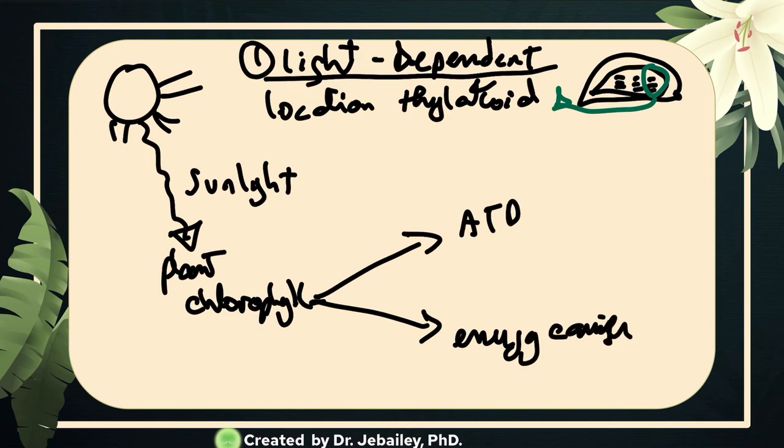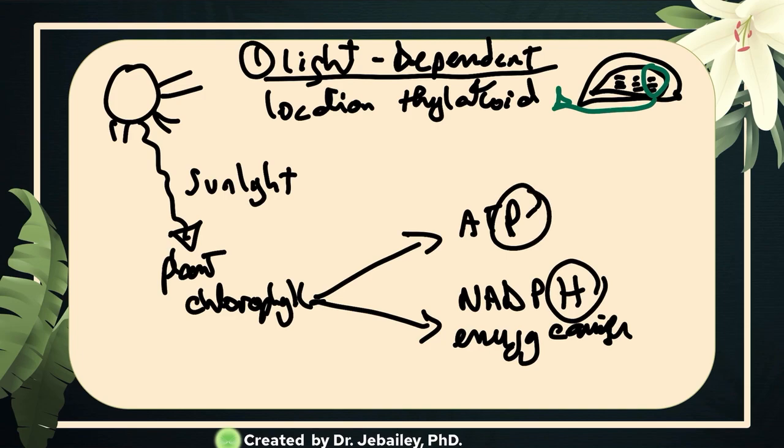Which is known as NADPH. So it has energy on the hydrogen, it has energy on the phosphate. So these are two ways of carrying energy. Now, these energies are known as chemical energy. So once again, what did we do here? We took the sunlight and we converted it into ATP and NADPH. That was the whole light-dependent reaction.